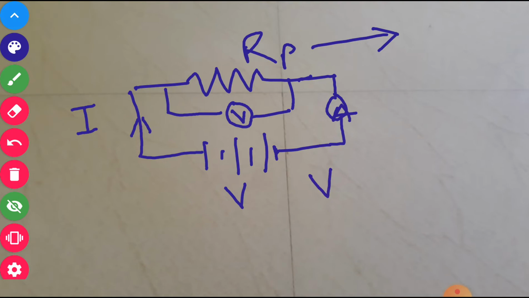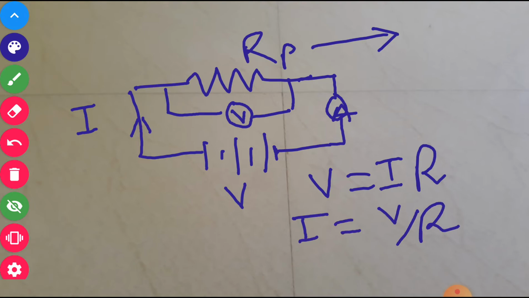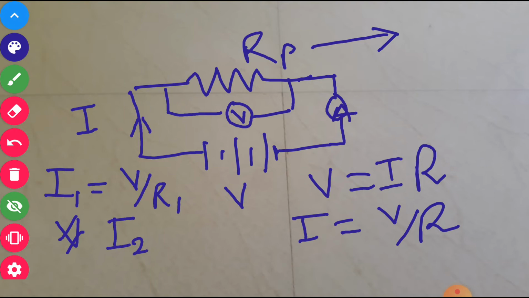So now, as you know, V is equal to IR. So we can say I is equal to V by R. And the current through different resistors: I1 is equal to voltage upon resistance R1, I2 is equal to V upon R2, and the third can be written as I3 is equal to V upon R3.